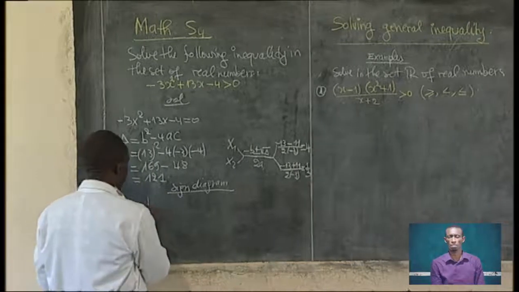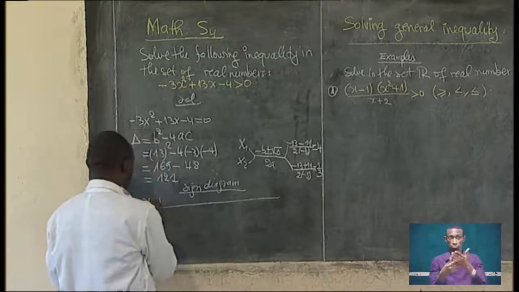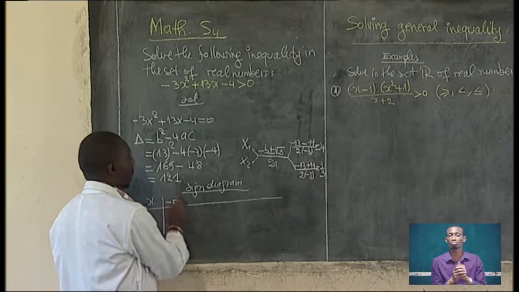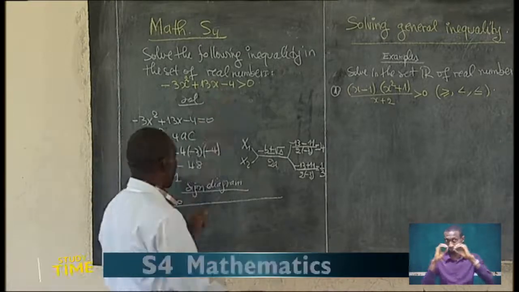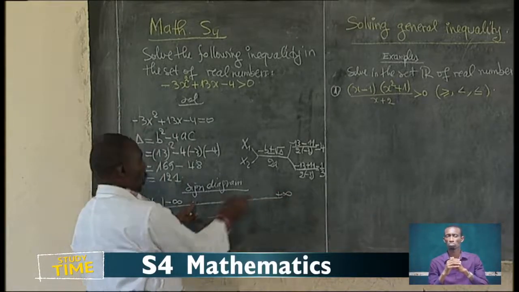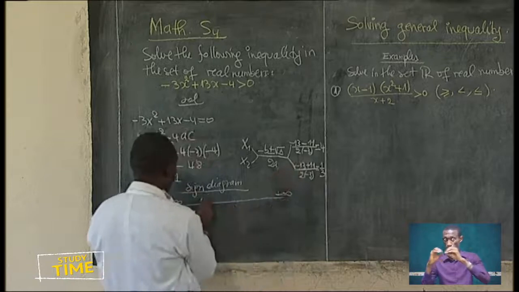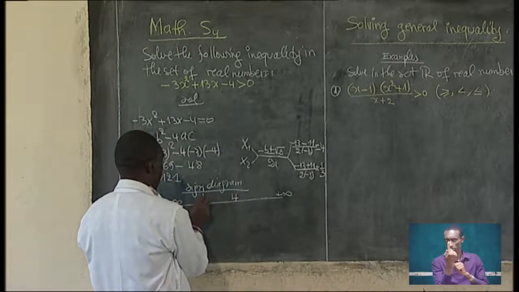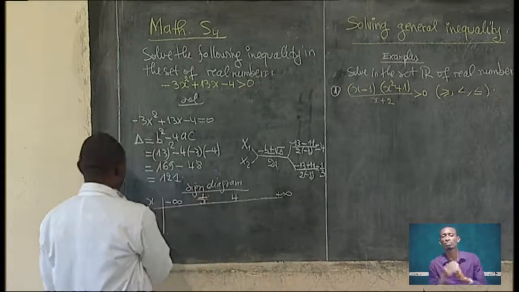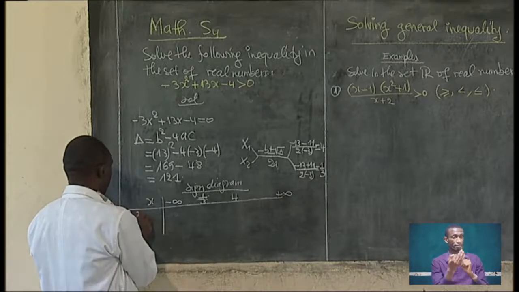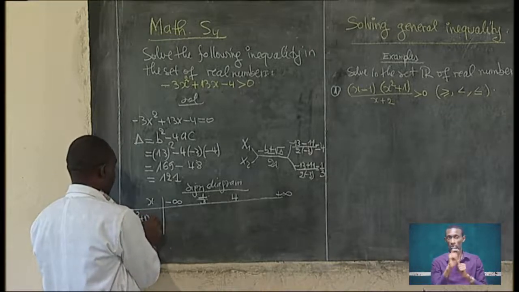Then the sign diagram. I have the variable x. My number line is from negative infinity, of course, that is the set of real numbers, to positive infinity, passing through these roots, 1/3 and 4. So the expression is minus 3x squared plus 13x minus 4.